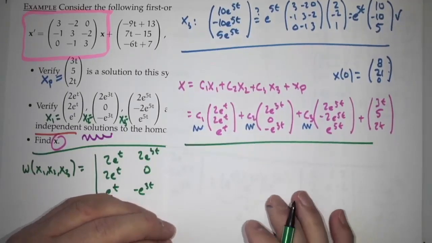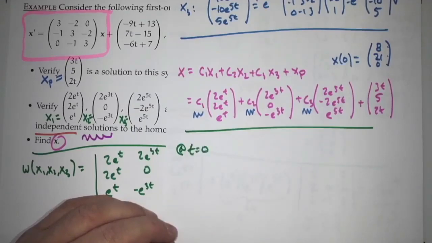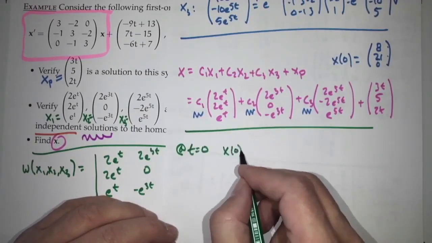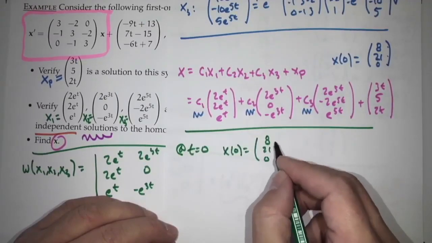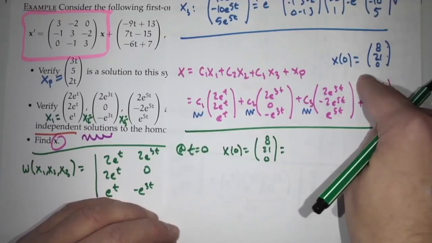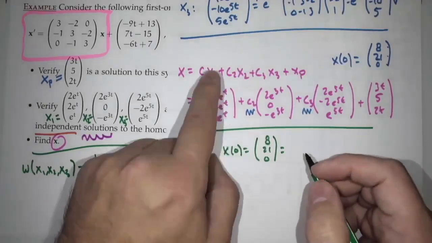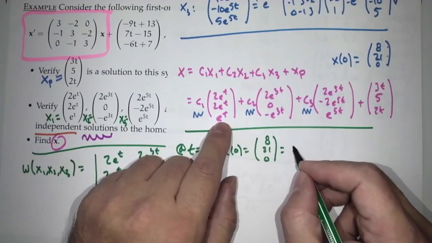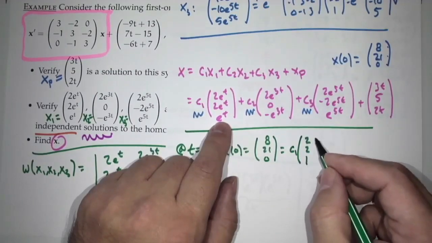All right. So at time equals 0, we have that x of 0 is 8, 21, 0, because that's what our initial condition tells us. What else is it equal to? Well, what happens when we plug 0 into this first function? 2, 2, 1.